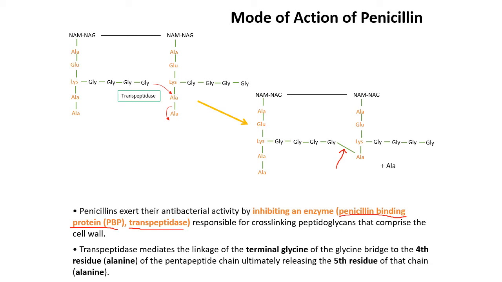So I'm afraid you will find in the literature and in your reading that people interchangeably use the two words, which is very irritating, but that's life. What it does is mediate this linkage of a terminal glycine to the fourth residue of the alanine there. So it basically catalyzes this reaction here.